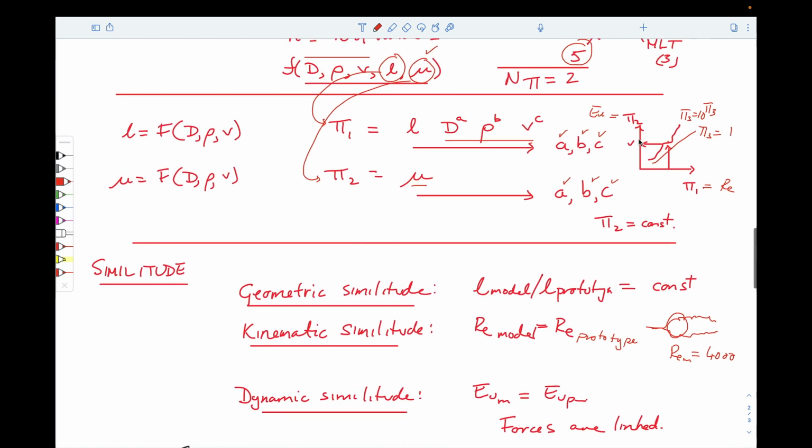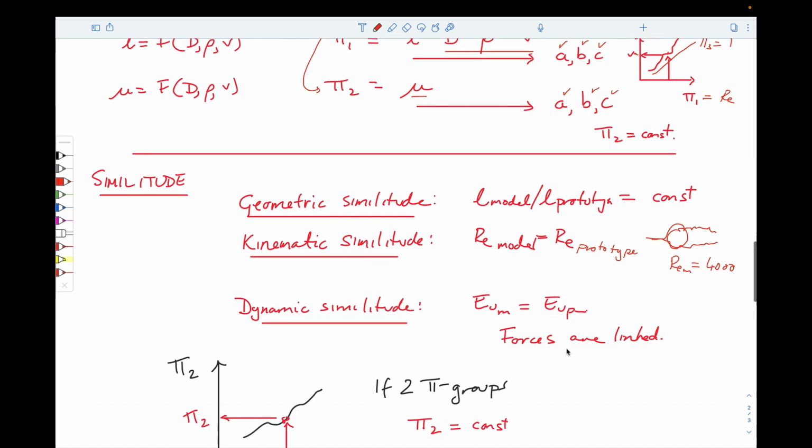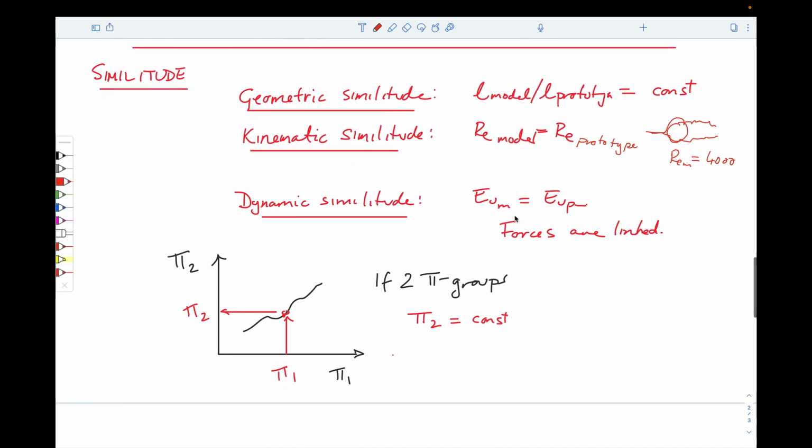And so this intercept would be the same between model and prototype. And therefore, from the Euler number being the same for model and prototype, we can calculate what either the pressures or the forces would be.